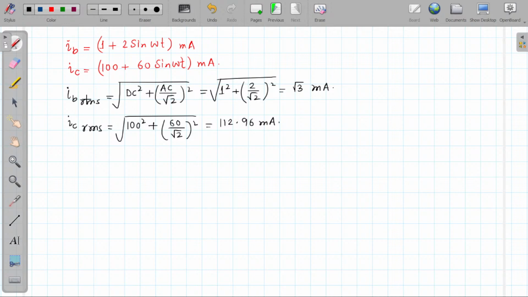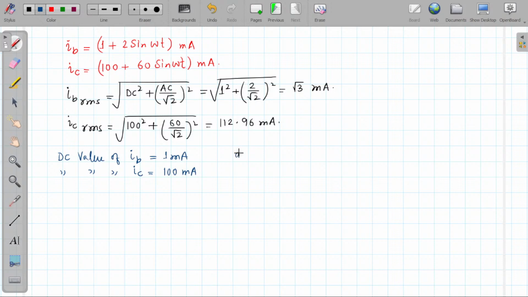Now if we find the DC value of IB, what will be the DC value of IB? That is equal to 1 milliampere. What is the DC value of IC? The DC value of IC is 100 milliampere.